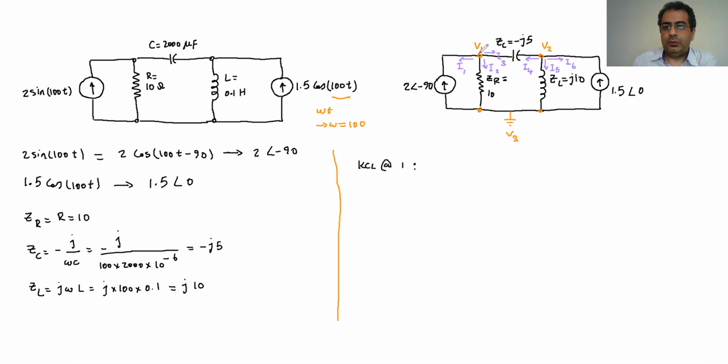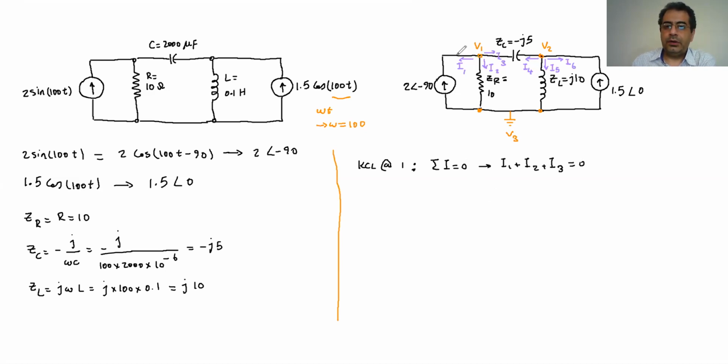Again, assume this is node 1, this is node 2, and this is node 3. I know KCL at node 1 tells me the sigma I should be 0, and therefore I1 plus I2 plus I3 should become 0 at that node 1.